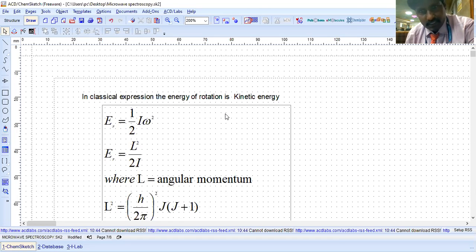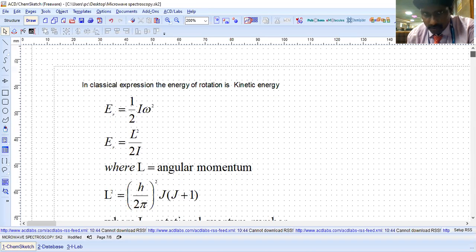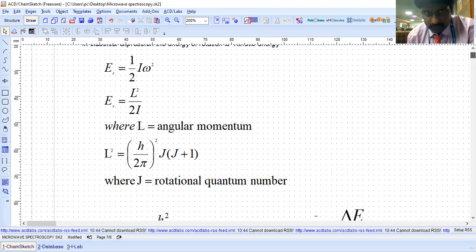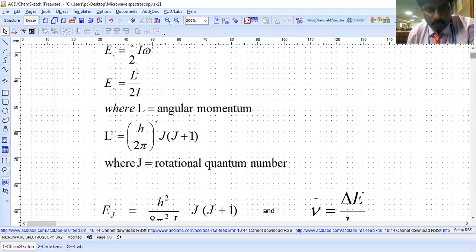L square means I square omega square, and in the denominator I am keeping one I. This is the energy of the rotational energy level.